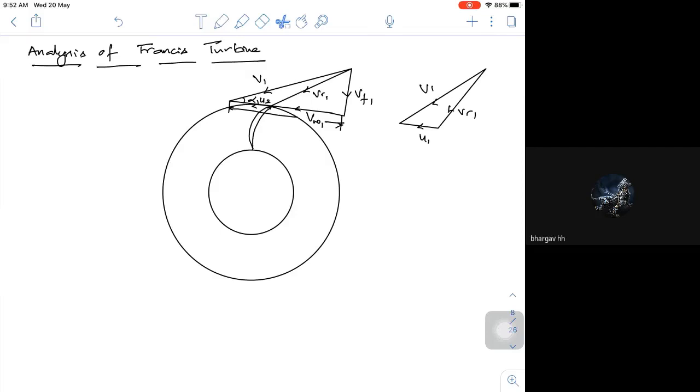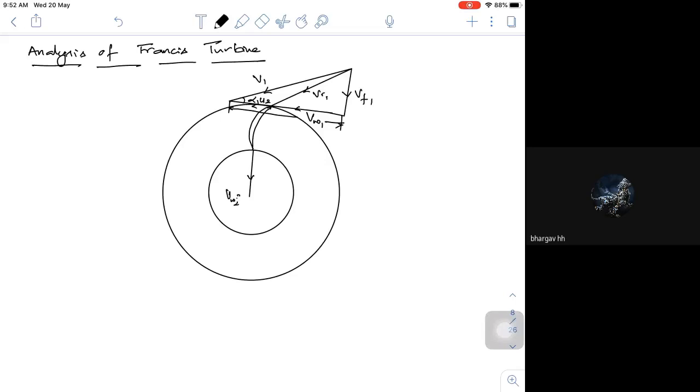Now, when the fluid goes out, here the fluid is exiting in an axial fashion. The fluid will be going somewhere like this. That means your whirl at the exit is 0, so VW2 is equal to 0.